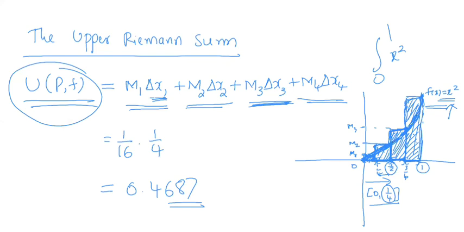These rectangles cross the curve and some part of the rectangle is above the curve, in the shape of a triangle. So we are counting these areas also.